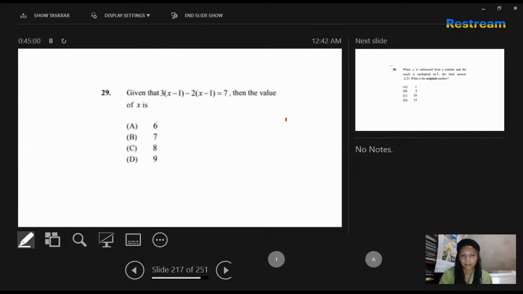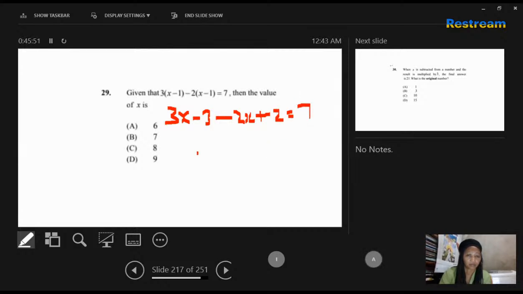Okay, Asar. Number 29. Given that 3 times 3x minus 1, minus 2 times x minus 1 is equal to 7, then the value of x is... So expand the brackets. 3x minus 3, minus 2x plus 2 equals 7.